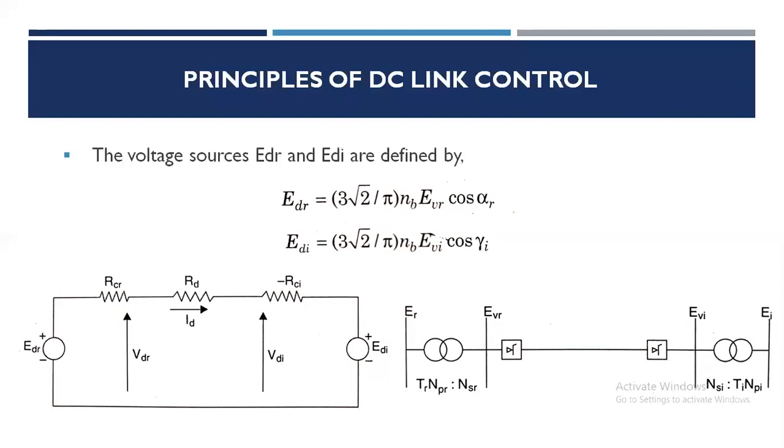The voltage sources EDR and EDI can be defined as EDR is equal to 3 root 2 divided by pi, NB, EVR cos alpha R. EDI is equal to 3 root 2 divided by pi, NB, EVI cos gamma I. The suffix R indicates the rectifier station, and I indicates the inverter station.